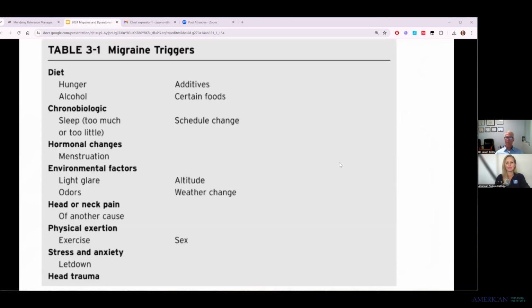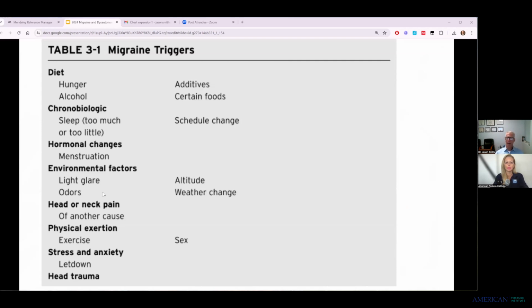So there's lots of different triggers we need to be aware of, everything from diet to timing of our schedule and our sleep to hormonal changes in men and women, environmental factors like altitude, going in airplanes or different altitudes in the area where you live. When you travel, sometimes the altitude changes. A lot of brain injury people will tell me they go to sea level from here around 4,300 feet in Utah, and they'll feel a lot better.